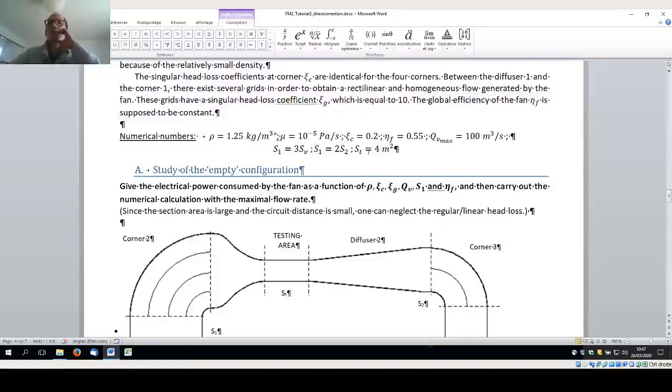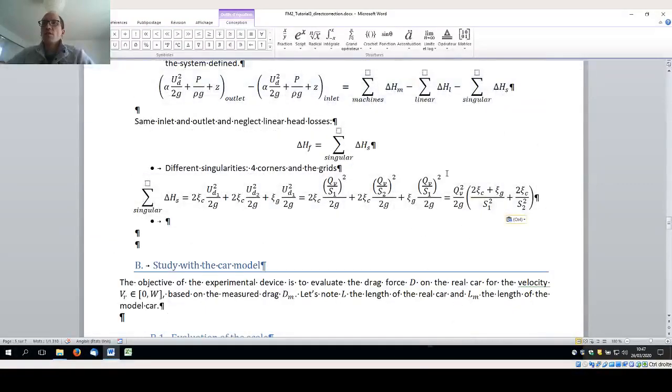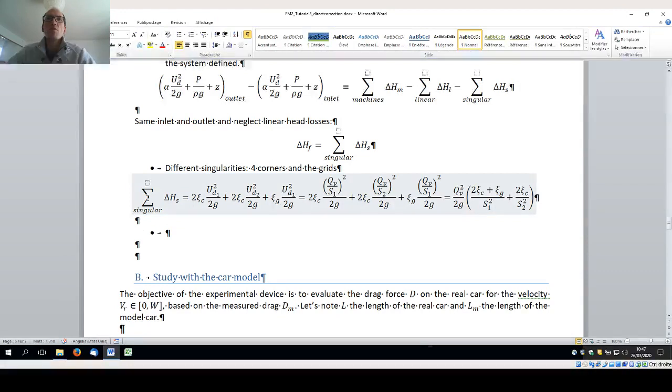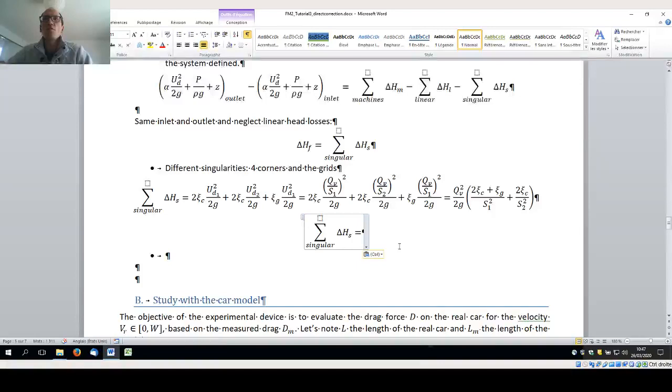Okay. We know that S1 is 2 S2. Yeah, okay, so if we want, we can even simplify. So since S1 is 2 S2, it's 4 S2 squared.